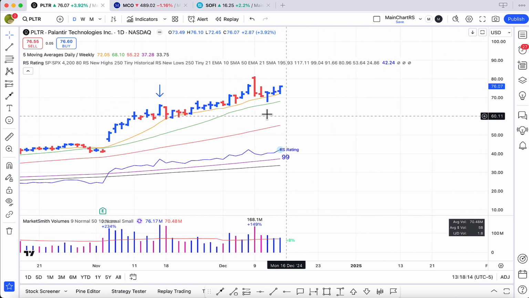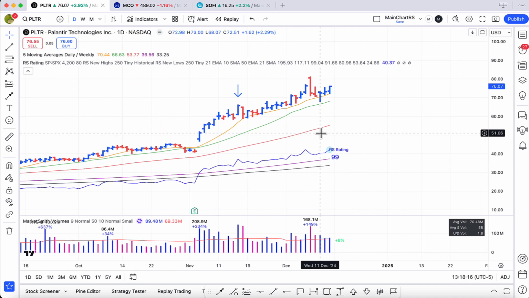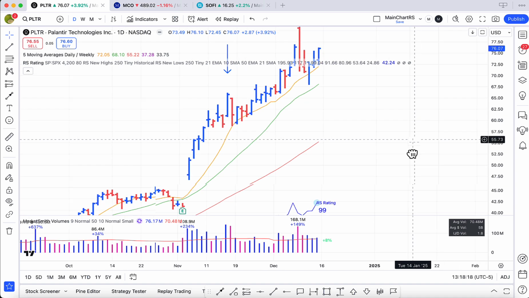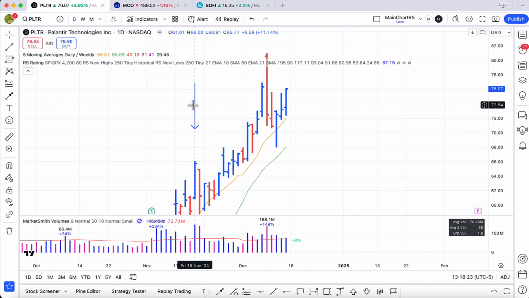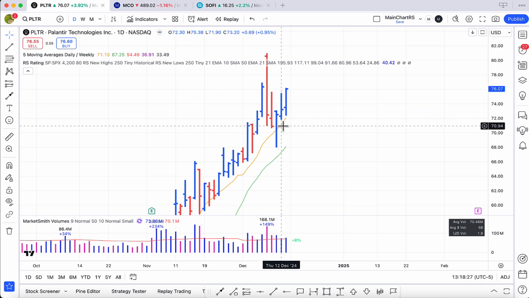Interesting enough, and not to go crazy with what does this mean and what's the hidden message, but look how many times it's closed basically at the top of the range or very close to it.